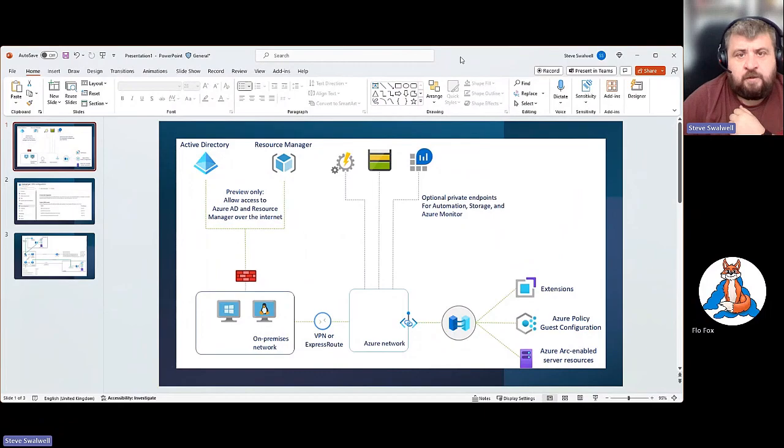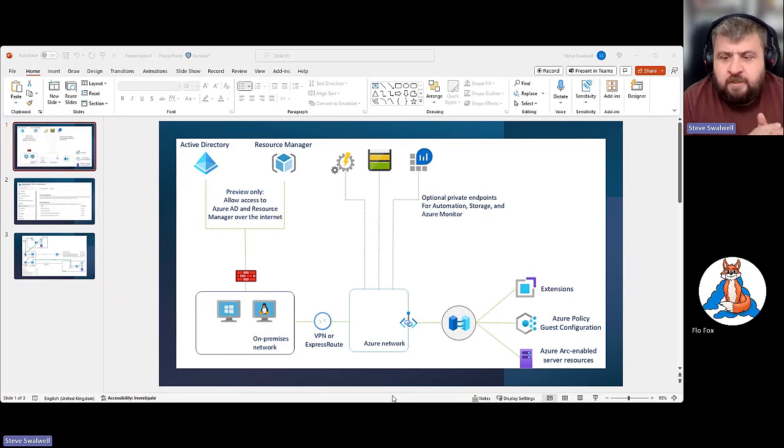Okay, so this diagram shows us the components that are involved. This is the architecture. You've got all of your different features that you get with your Arc-enabled servers, including policy and extensions, and they can then be presented via an IP address on one of your VNets, and that can either be set to private only, or you can have it private and public.